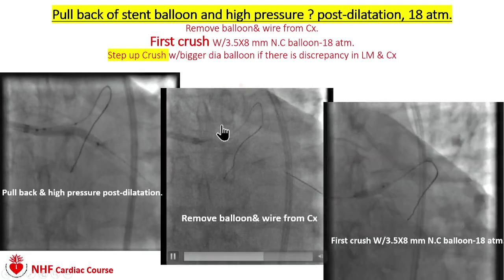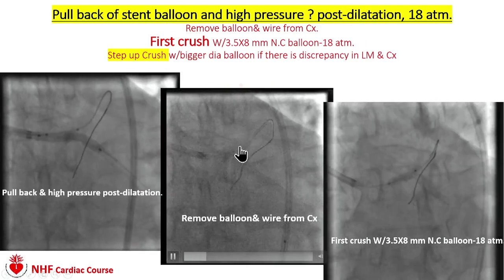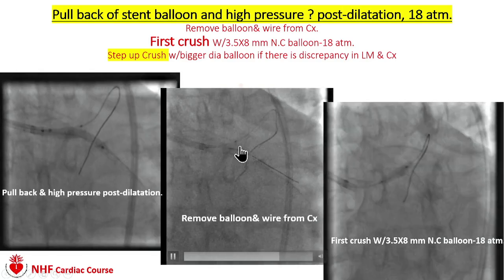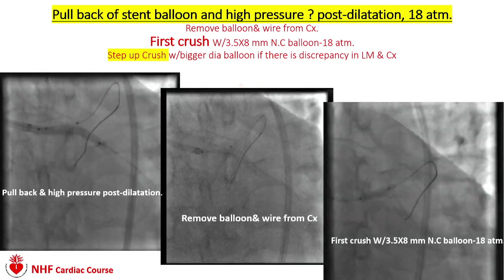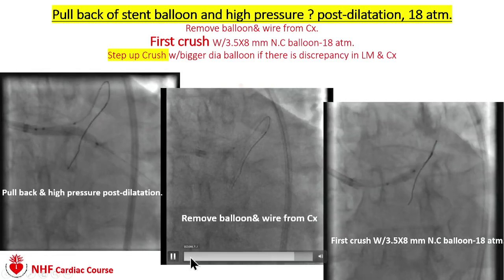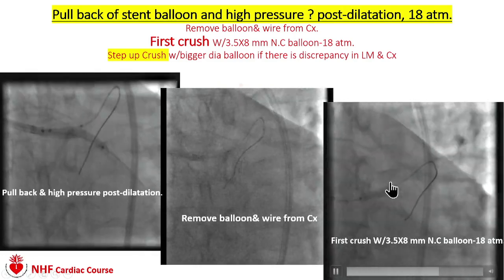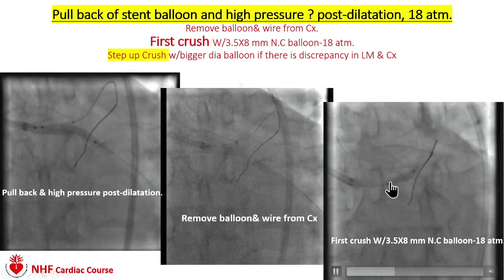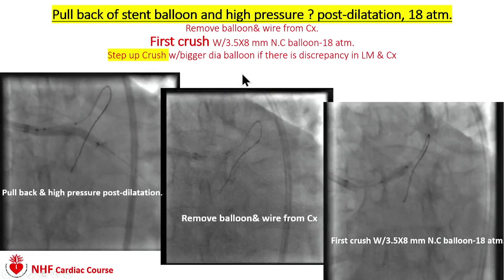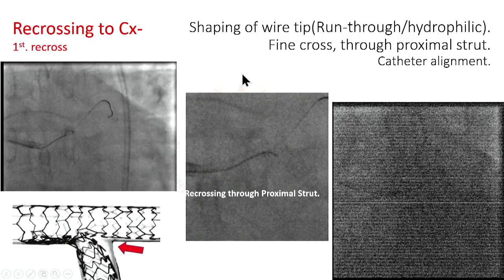Then with a balloon from the LAD, the stent is crushed. Definitely, before crushing the stent, we should pull out the LCX balloon and LCX wire. Sometimes if the LAD is very big, then a step-up crush with a bigger size balloon may be essential.